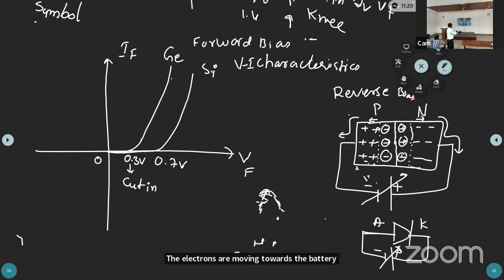The electron is moving towards the battery, positive terminal, and holes are moving towards the negative terminal. Holes and electrons are ideally moving. Then what is the current in the diode? Negative current. Huh? No current. Neutral. How can you say neutral?